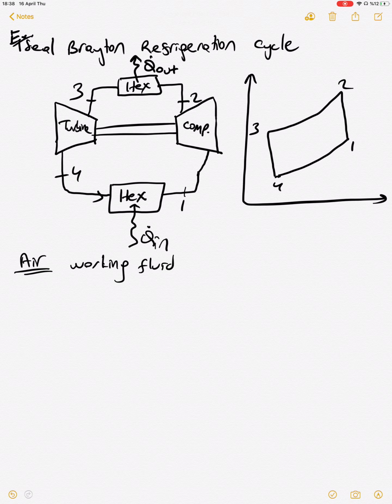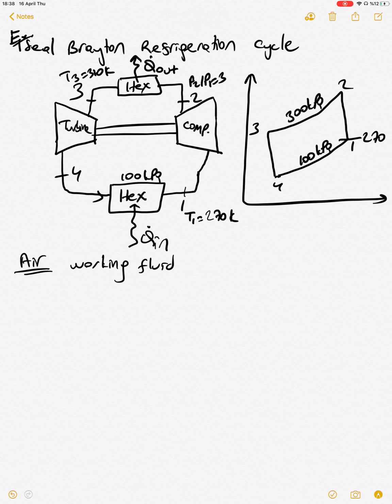Actually, T1 here is 270 Kelvin. Okay, so P2 over P1, the ratio, is 3, and T3 here is 310 Kelvin, and we have 100 kilopascal. I just changed the numbers, so from 1 to 4 we have 100 kilopascal here, and we have 300 kilopascal here.